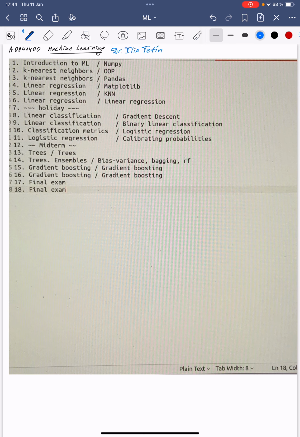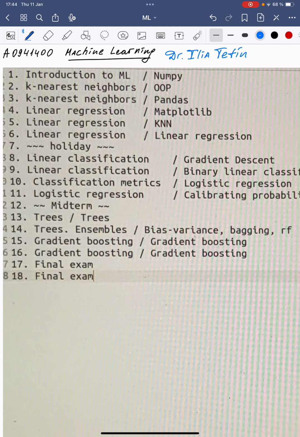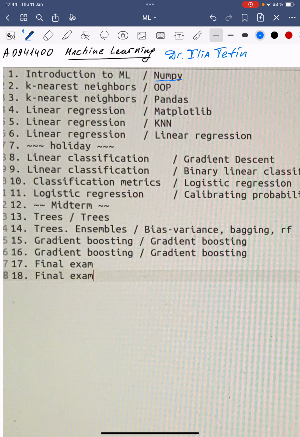We also explore the tests for generalizability, like holdout validation and cross validation, some foundational concepts. You can see after the slash, like NumPy and pandas, these are the seminars.